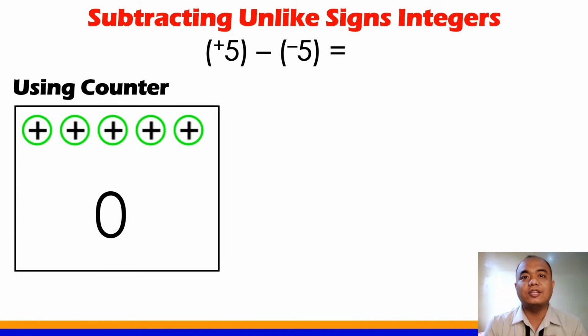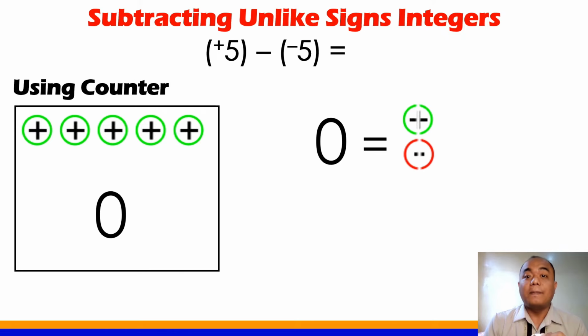Now, babalikan natin yung natalakay natin last time, class. Can you still remember the first video I uploaded regarding adding integers? Naalala nyo pa ba na yung 0 natin ay equal to positive and negative? Yung 0 natin, class, ay equal sa positive 1 plus negative 1, di ba?